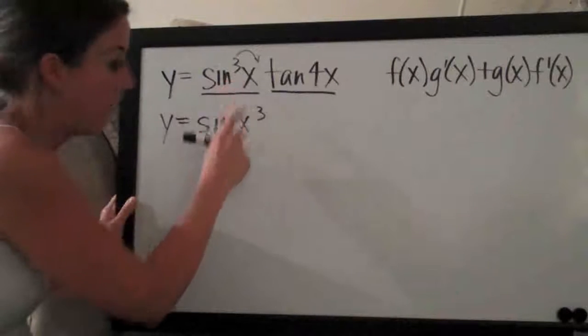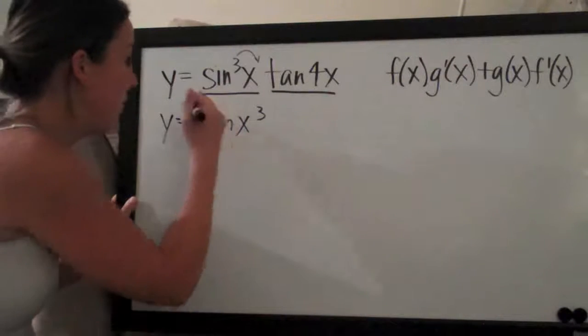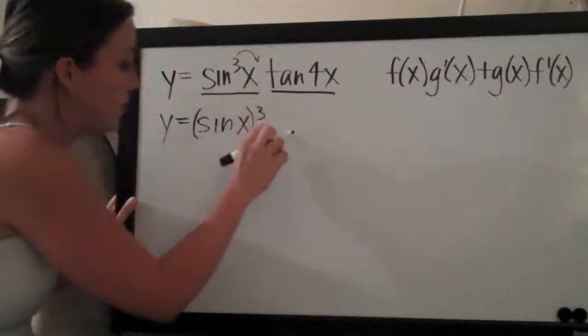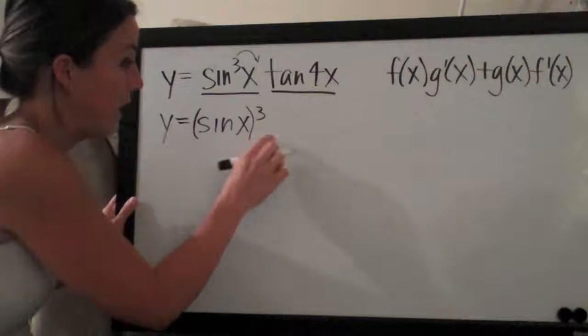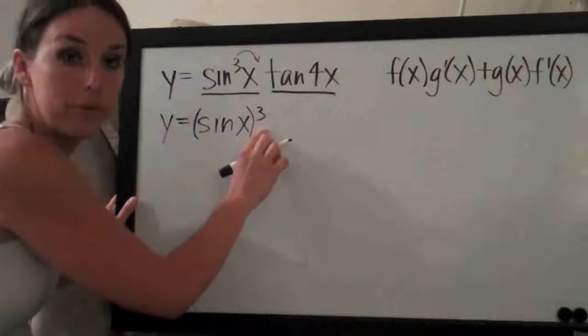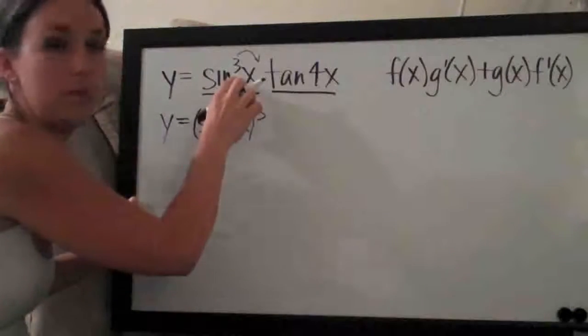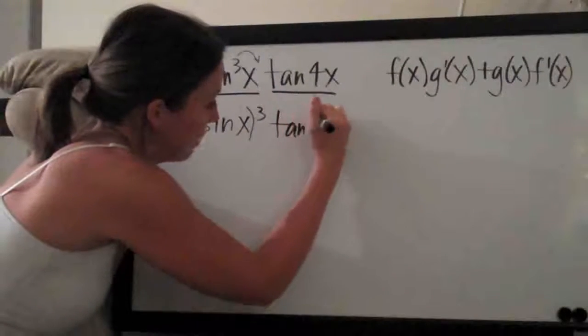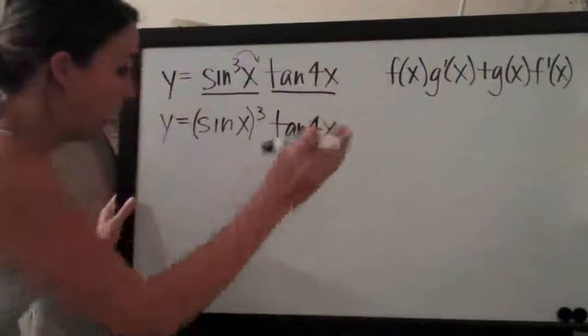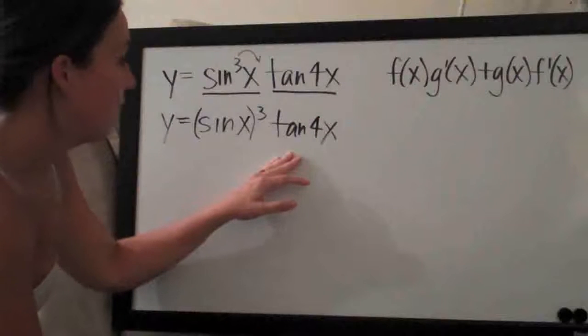Here the cubed is on the sine and here it's on the x. It's very important to write the parentheses, because that means the whole thing is cubed versus just x cubed. I think it'll help us with chain rule to visualize, because this throws a lot of people off when it's in the middle. So I'm going to rewrite it that way, making sure to add the parentheses, and we'll take it off later. So I've rewritten the problem.